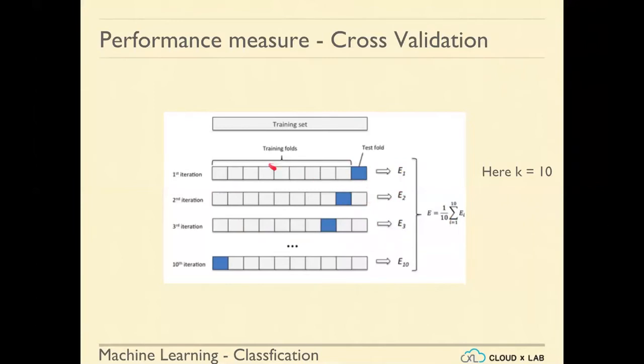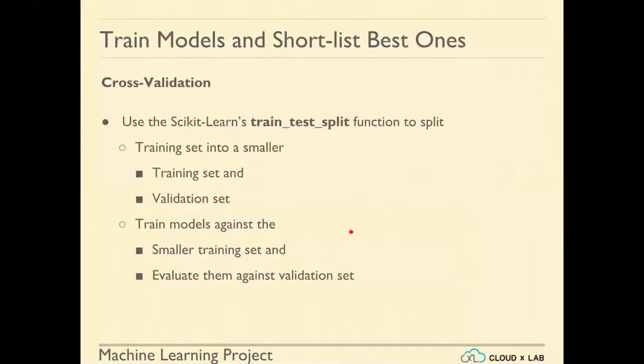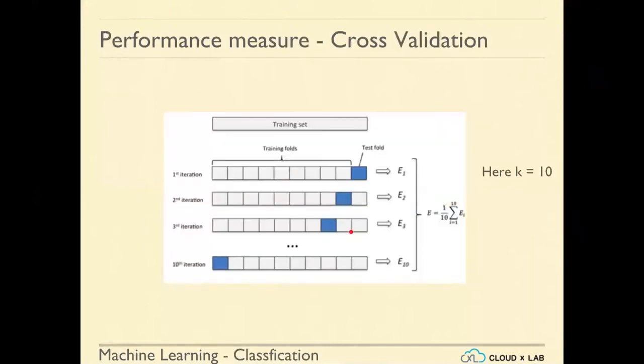So we reduce the training set by 10% here, which is completely okay. That's right, Deepak. We shuffle the data, break it into 10 pieces, and select a different piece each time as the test fold for each iteration.